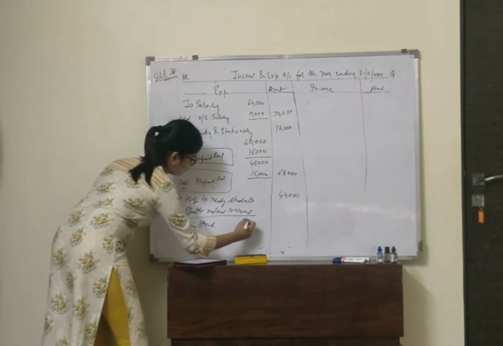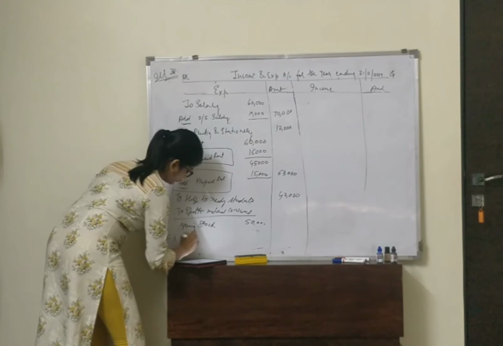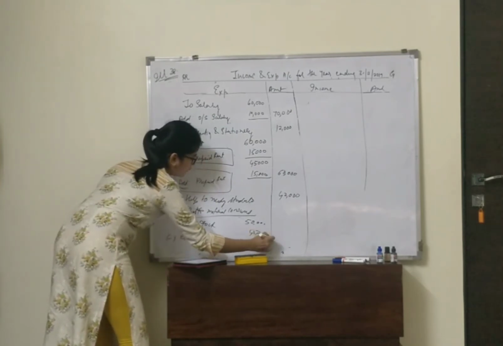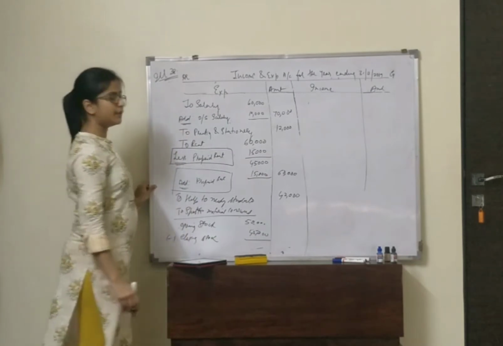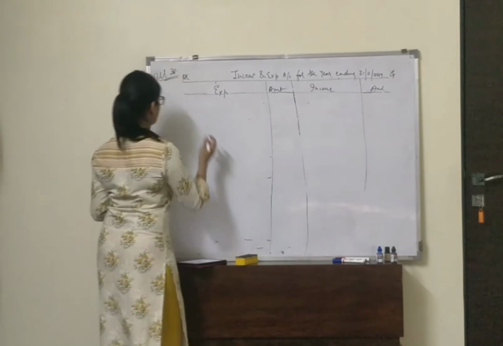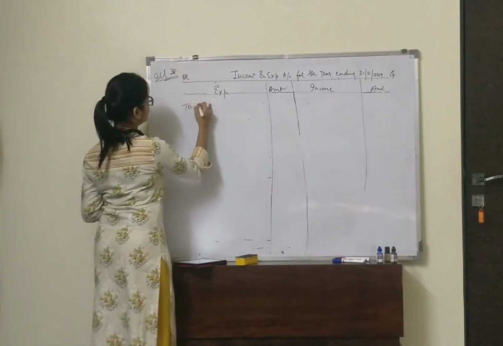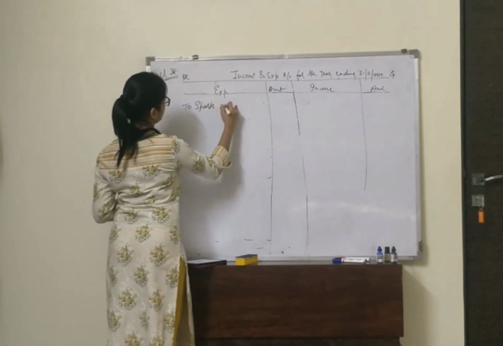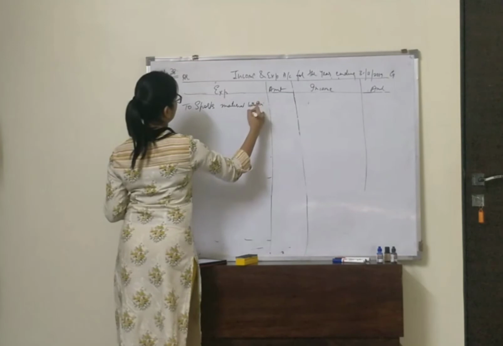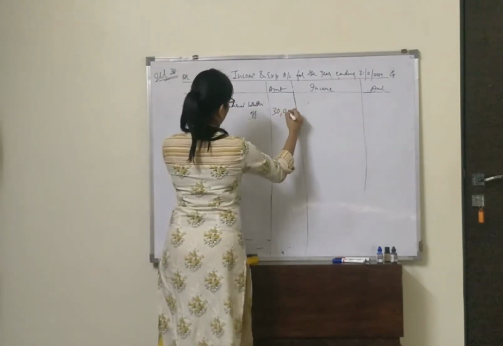How much is the opening stock? 50,000 and less closing stock. What's the closing stock? 45,000. So our sports material consumed is 5,000. Next, adjustment point number 3, we have sports material written off. How much is it? 30,000.